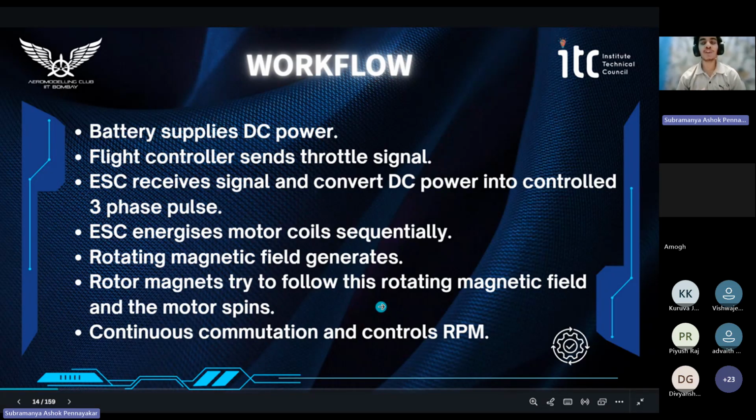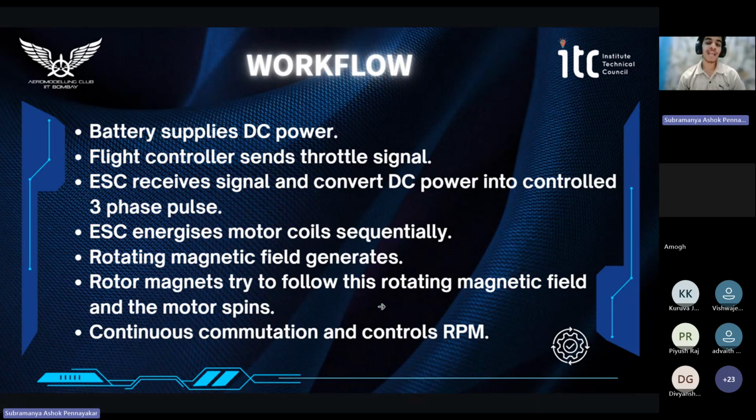For pulse width modulation, let's say we have a 10-volt battery as a voltage supply. We can't just supply 10 volts continuously to the motor. Sometimes it might be 80%, 50%, and sometimes 100%. It all depends on the pulse width modulation, which handles it.